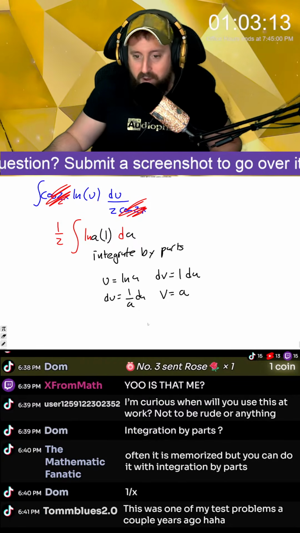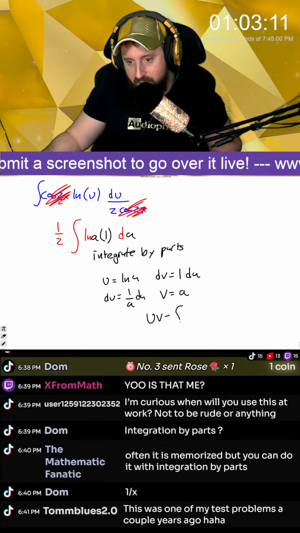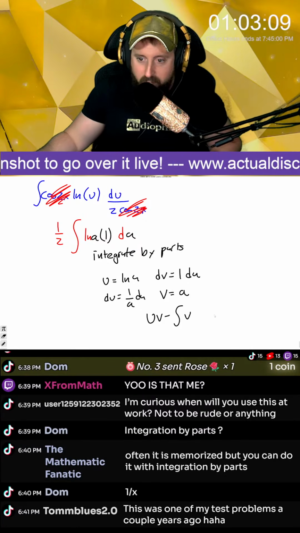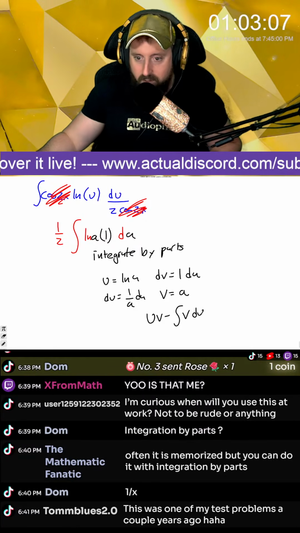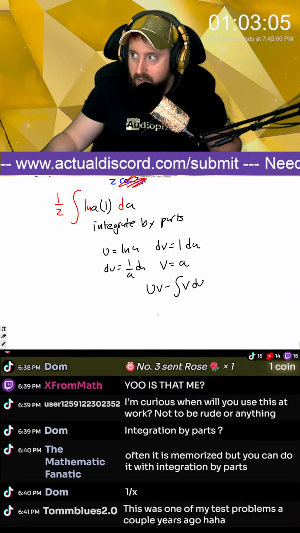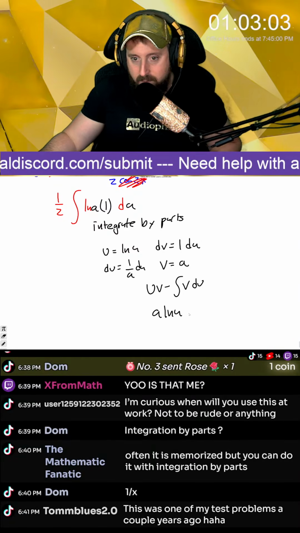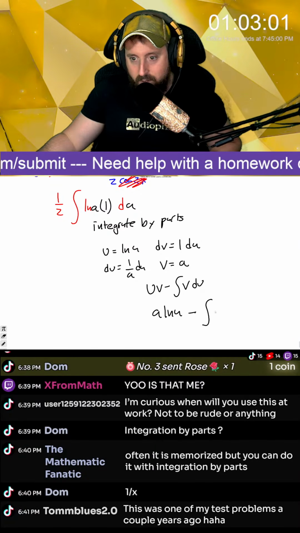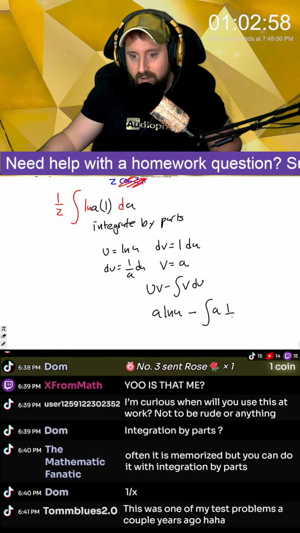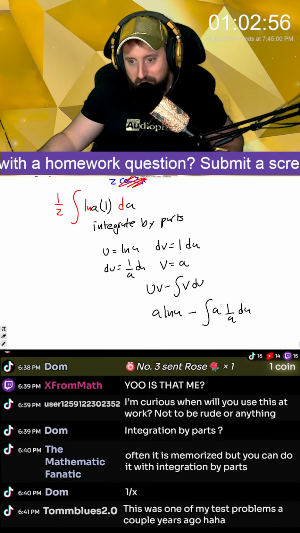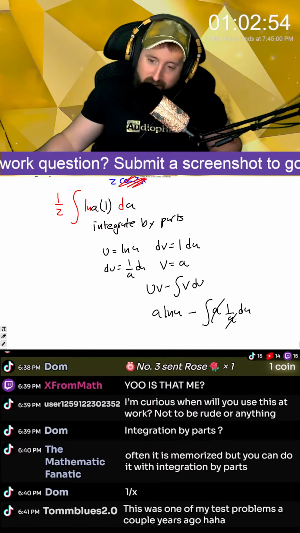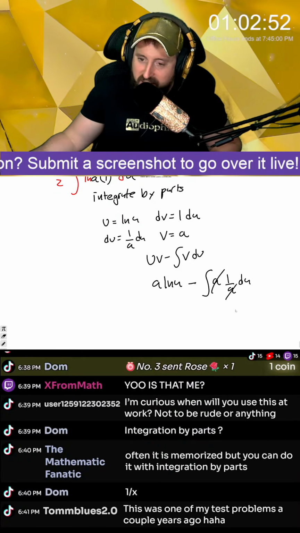Okay, so then integration by parts says it's equal to uv minus the integral of v du. I know my v's and my u's look the same. So uv would be a ln of a minus the integral of a times 1 over a dA. Oh, this is cool. This goes away. So now it's just the integral of dA, which is just a.